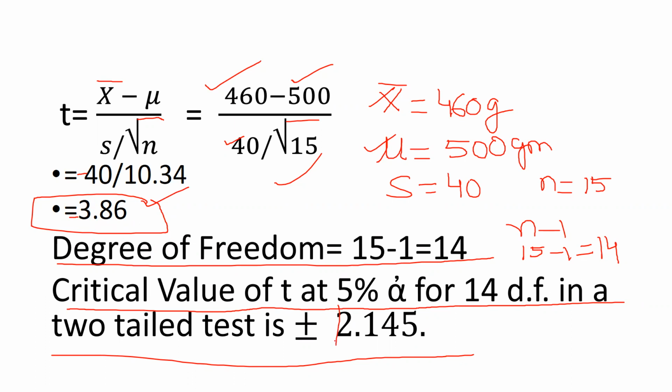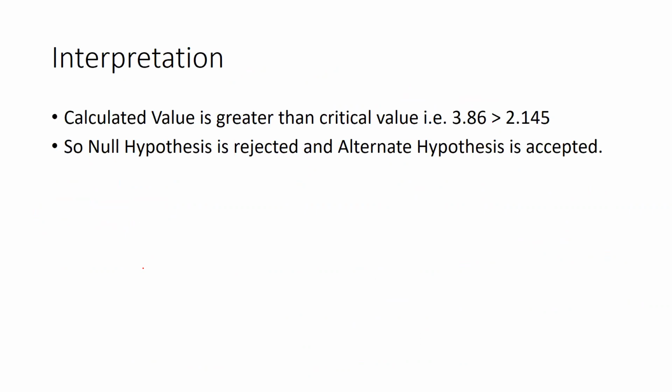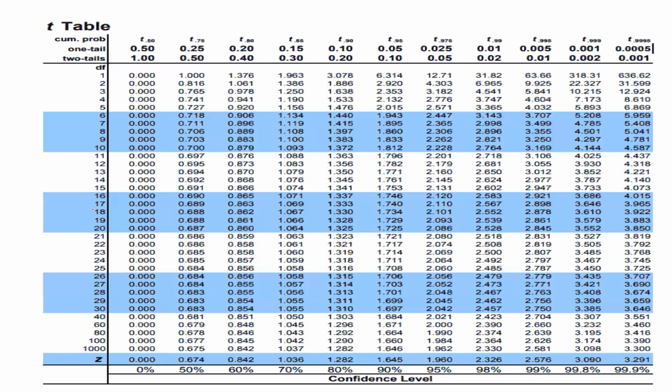But how did you reach this point, how can we check this table value? Interpretation I will come to later. You can see here, degrees of freedom in our case is 14, right? Degrees of freedom is 14 and at the 5% level it is 2.145. Let me once again show you how you would check this.